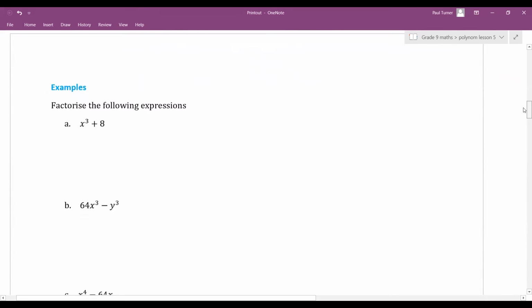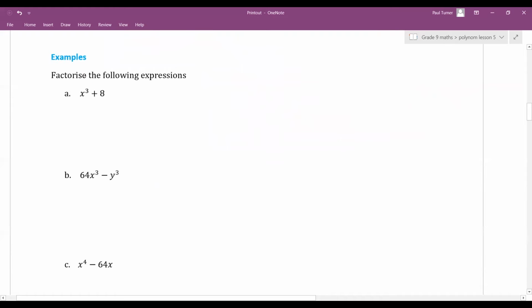So here are some examples. I think these are the ones in the book, so you can look in your book and follow on. I might do these a little differently than the textbook, but you'll end up with the same answer anyway. What you need to be looking for is something cubed plus or minus something cubed. You should write the formulas down until you get used to it.